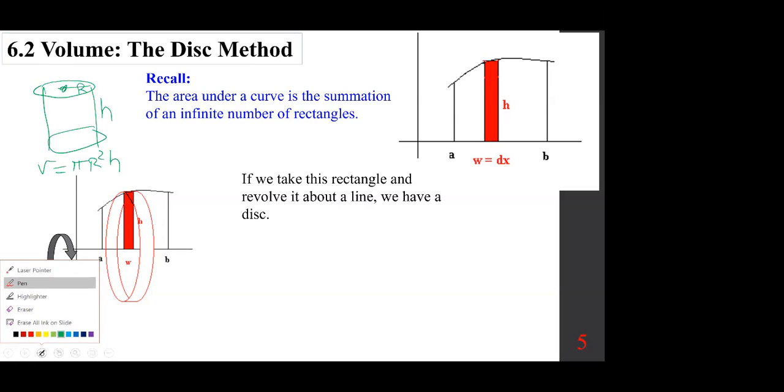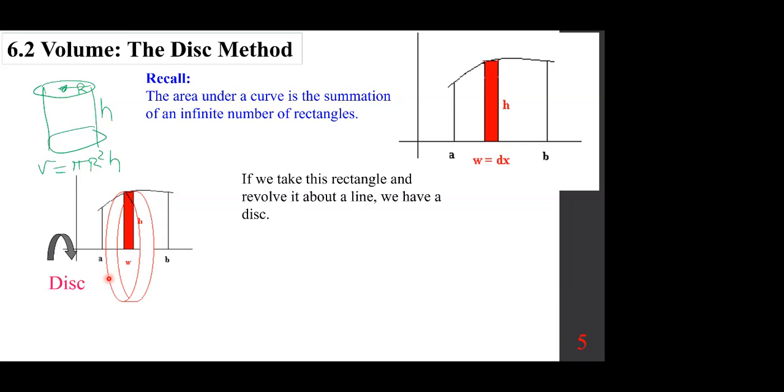So this disk, pi r squared h. What is pi r squared? It is the area of the base, which is the disk. What is the height of that disk? That means the thickness. So it creates the width, and it's giving us the volume.